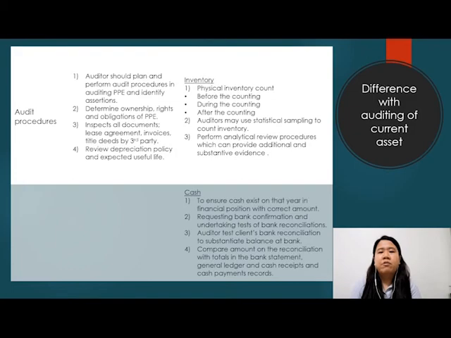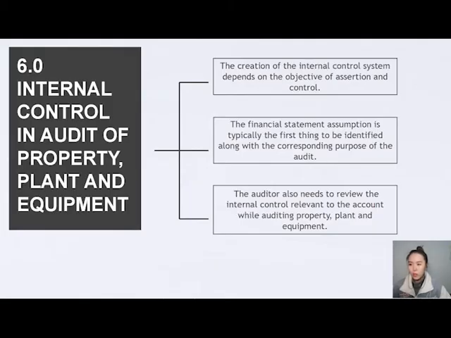the cash payment record. The management team of the company is responsible for the development of an internal control structure to prevent inherent risks. The creation of the internal control system depends on the objective of audit and control.